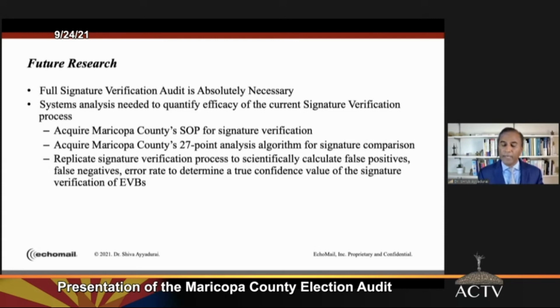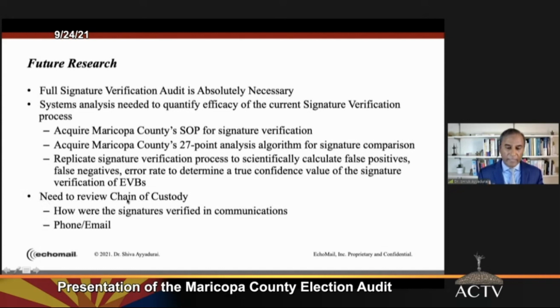This would be a profound opportunity for improving US election processes because this has not been done. You read literature on the left or the right, and everyone complains that the signature verification process has significant issues. We have an opportunity right now with this data to do a 27-point analysis and come up with an actual rate, which would give us a scientific metric of the confidence value of the entire EVB system.